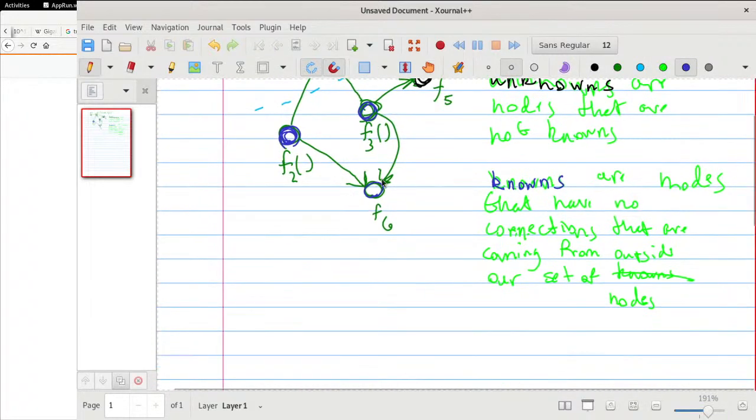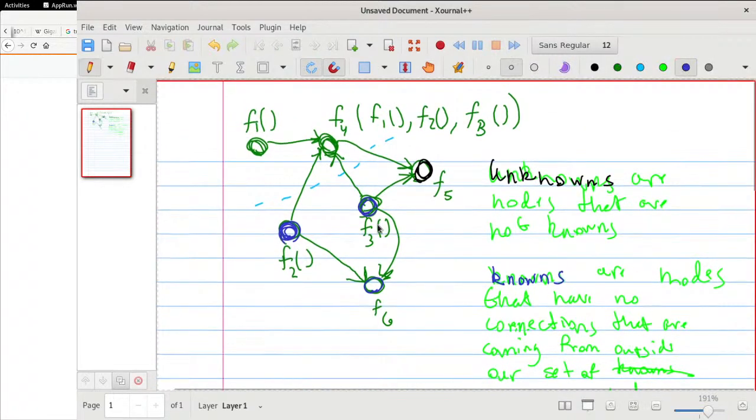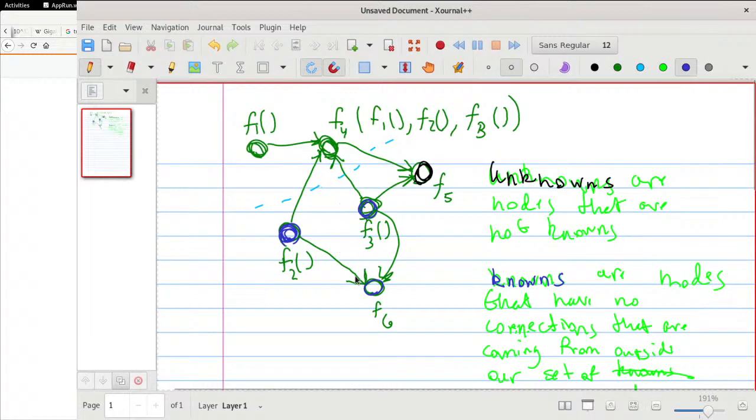We don't know the value of f6 immediately, that's not given to us, but we can find it based purely off the information that we have. So it's a known in that sense.